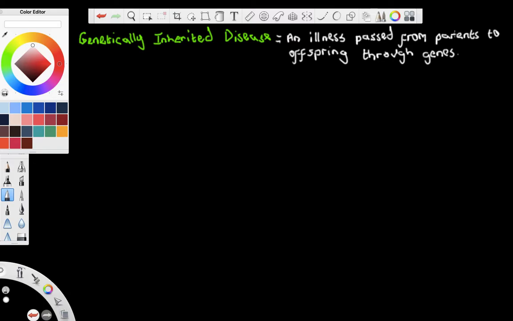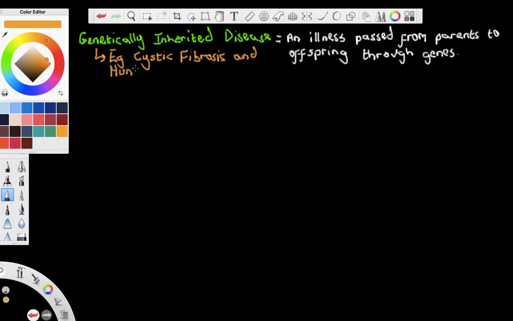Now, a couple of examples of these, so e.g. would be cystic fibrosis and Huntington's disease.